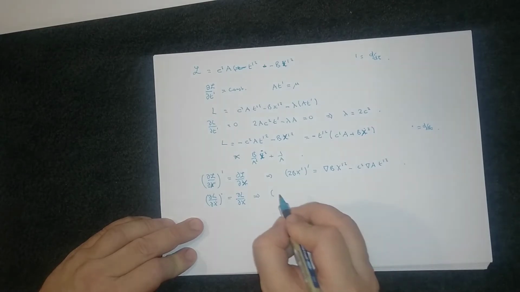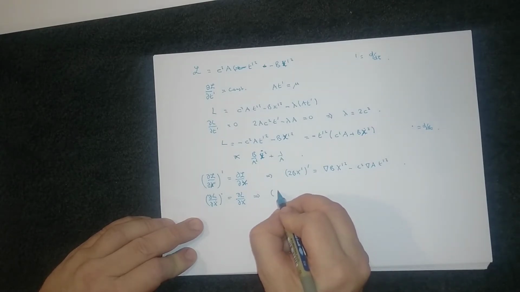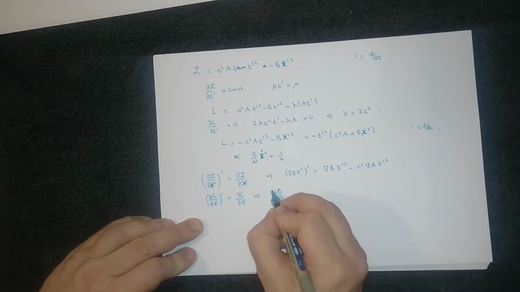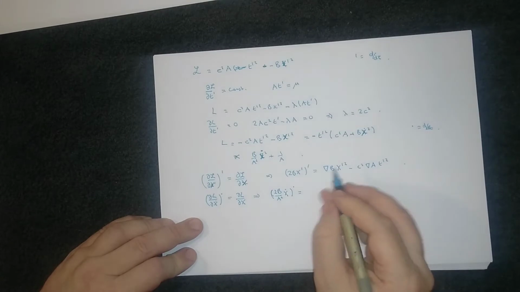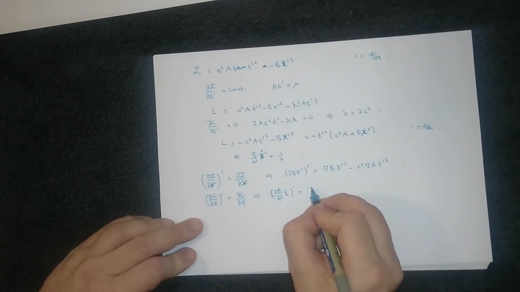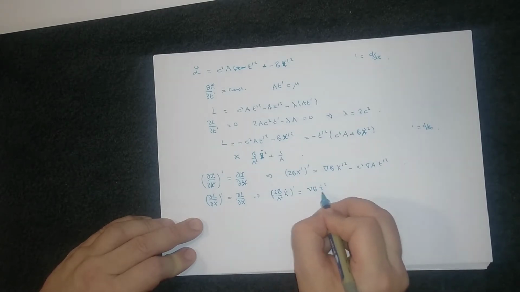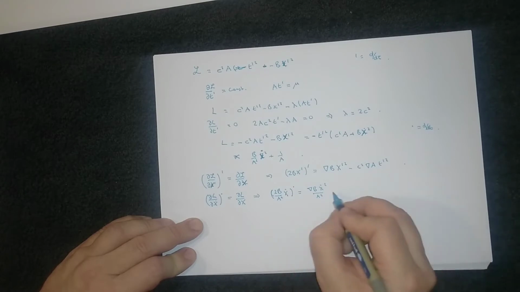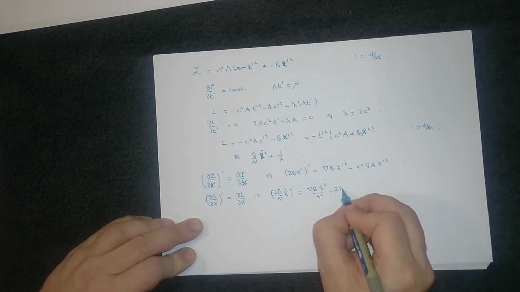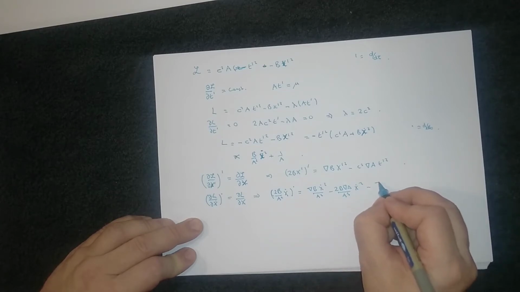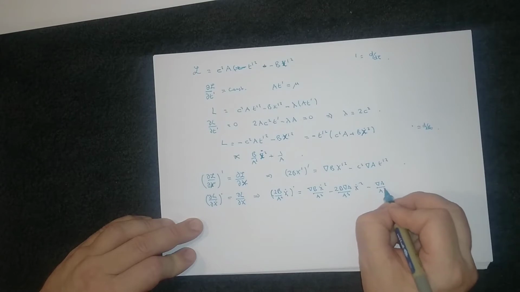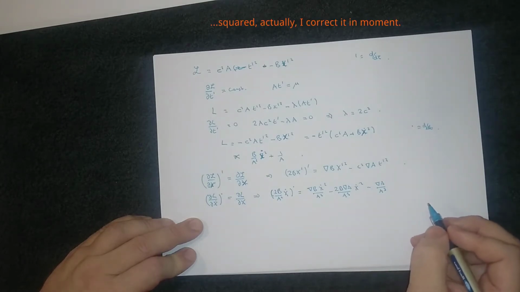That is d/dt of 2b over a squared x dot is gradient of b x dot squared over a squared minus 2b gradient of a over a cubed x dot squared minus gradient of a over a cubed.